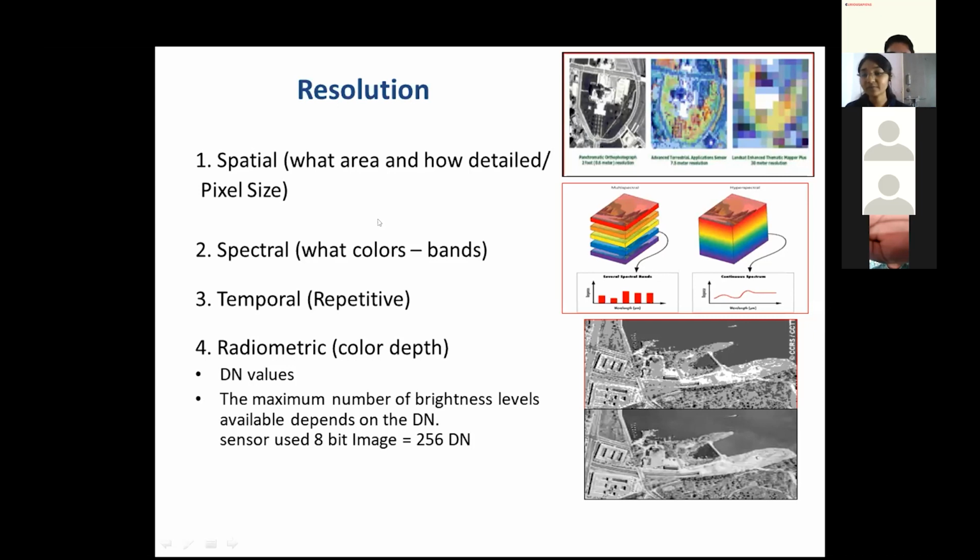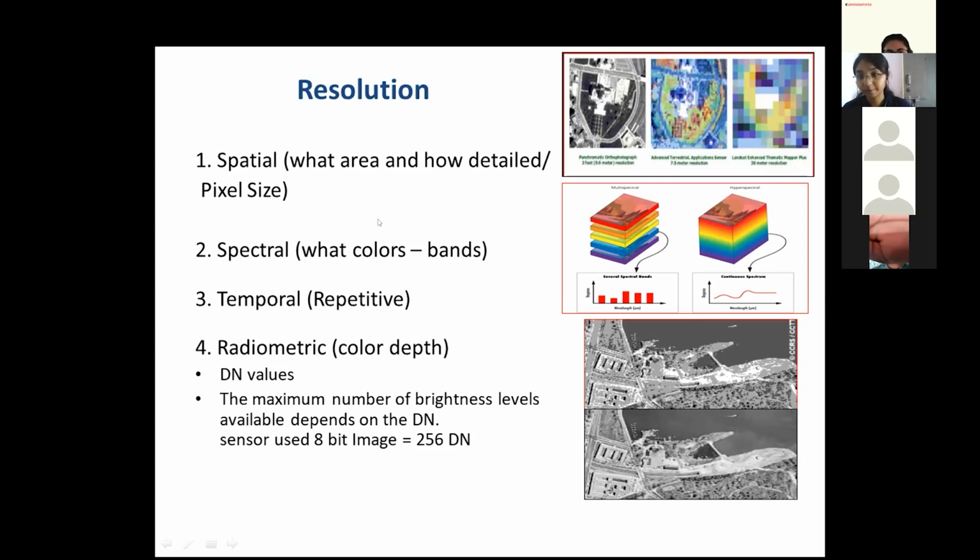Another one is spectral resolution. When we went through the electromagnetic spectrum, we saw so many bands, right? But it's not necessary that every sensor has all these bands. So a sensor cannot differentiate much between features when spectral resolution is low.